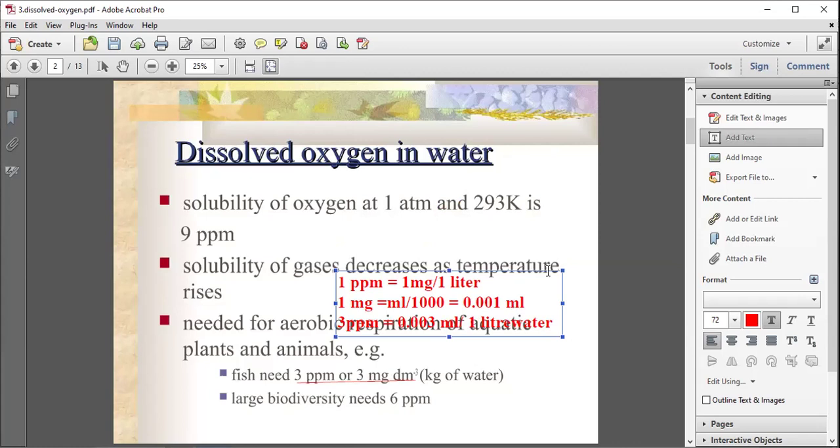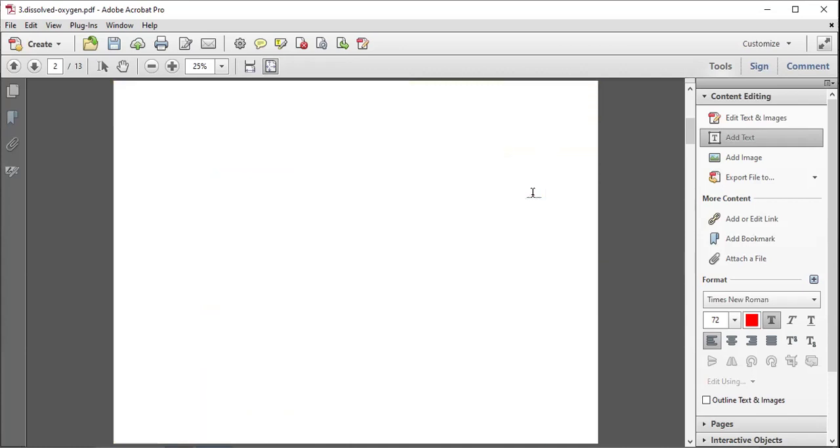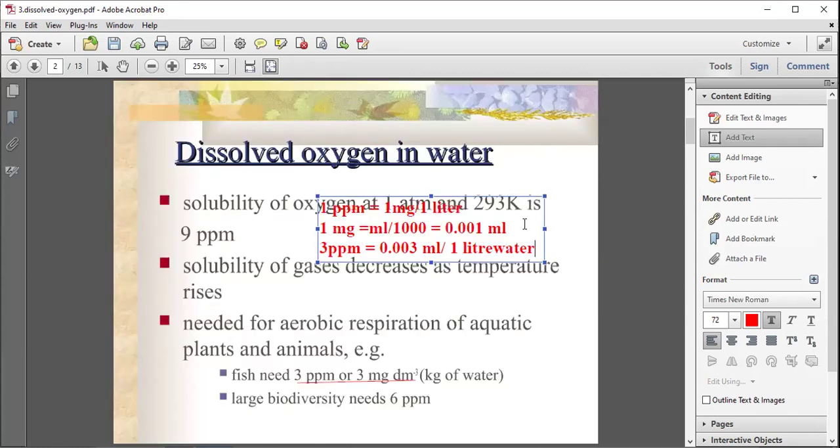So 3 ppm means 0.003 milliliter per 1 liter water. This is the parameter, 1 liter water, not other liquids, only water.